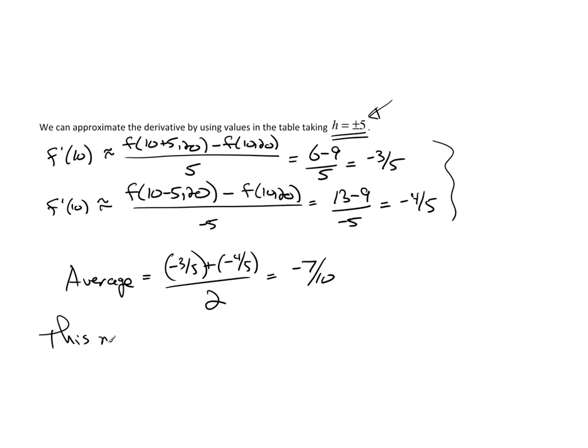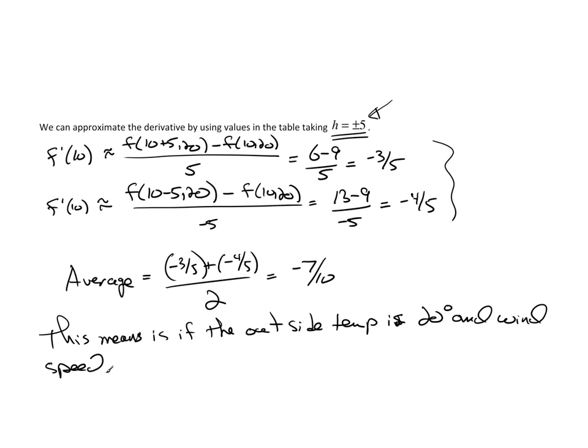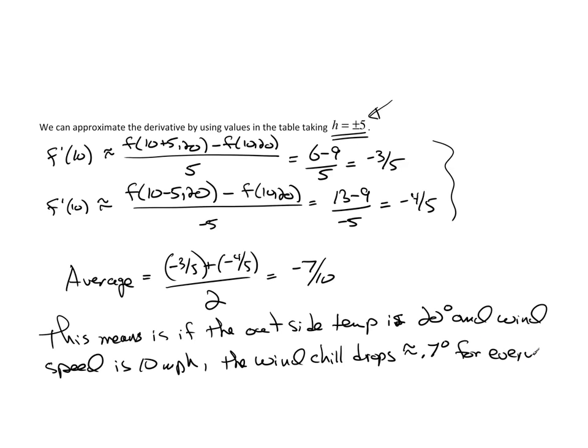What this means is if the outside temperature is 20 degrees, remember we fixed it at 20 degrees, and the wind speed is 10 miles per hour, then the wind chill drops approximately 0.7 degrees for every mile per hour increase in wind speed.